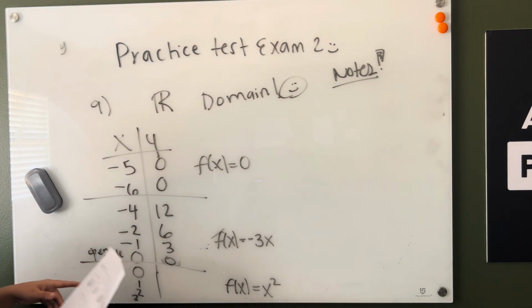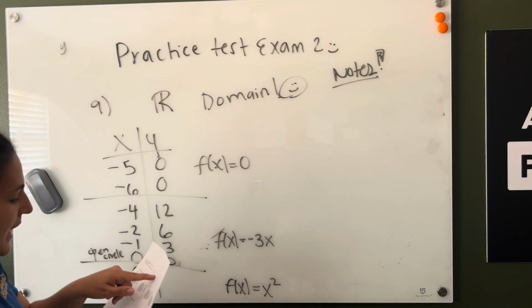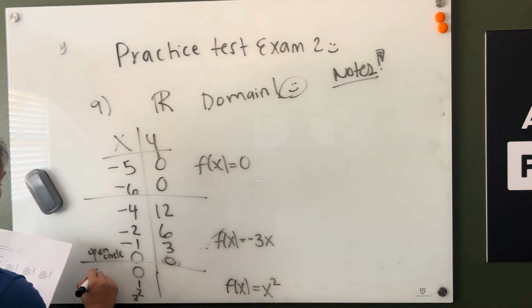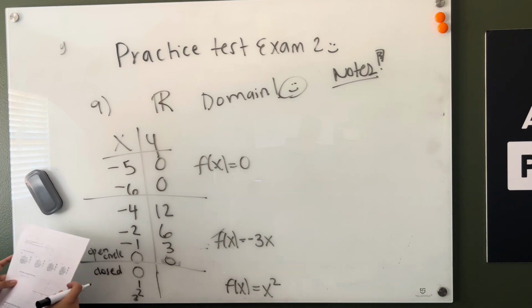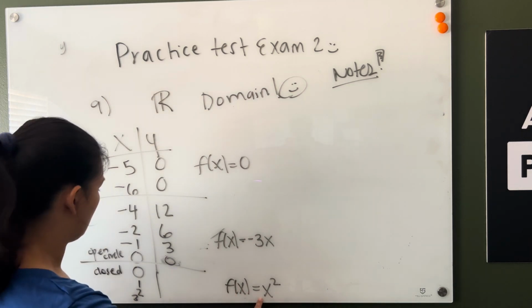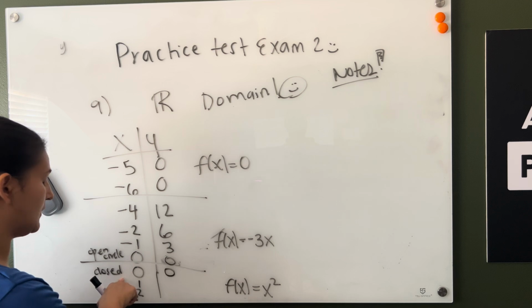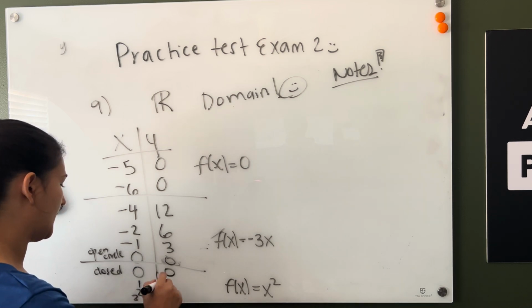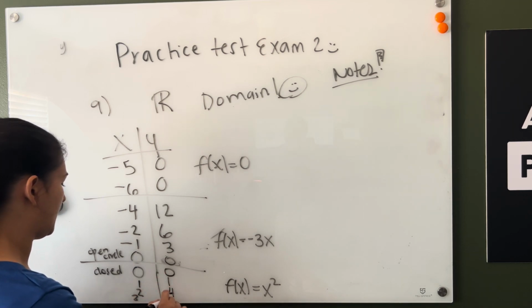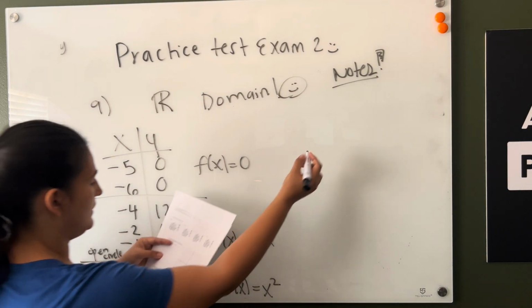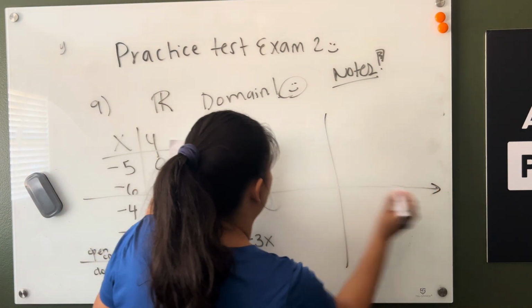For the third function, x is 0, so that would be a closed circle, or anything greater than 0. So now let's plug in and square whatever comes in. So 0 squared is 0, but that's closed now. 1 squared is 1, 2 squared is 4, 3 squared is 9, okay? So now let's graph this, and then we'll pick A, B, C, or D.